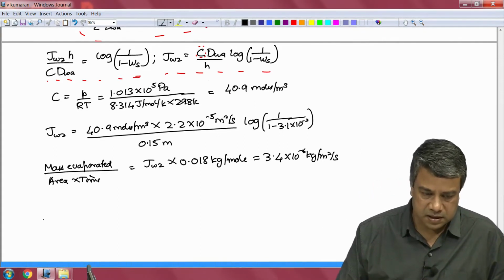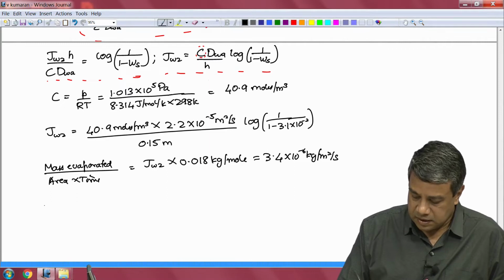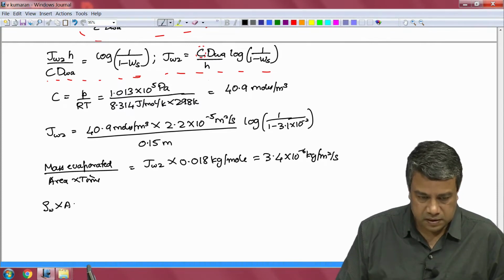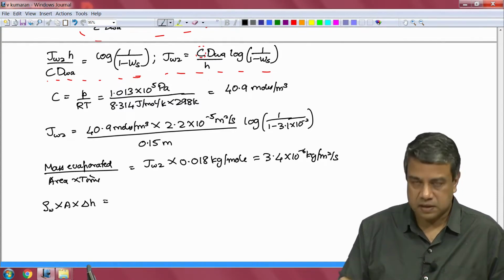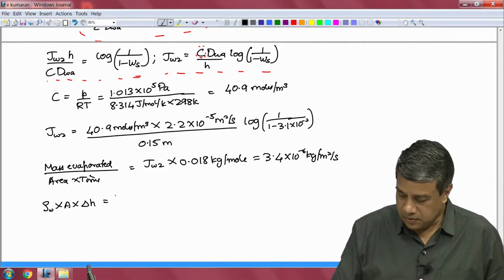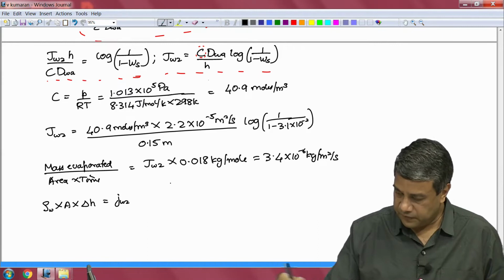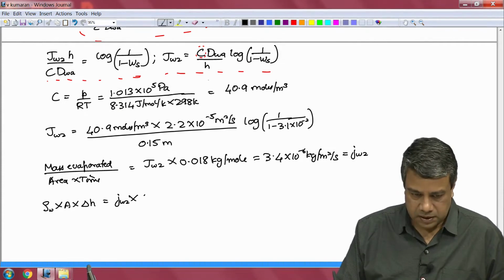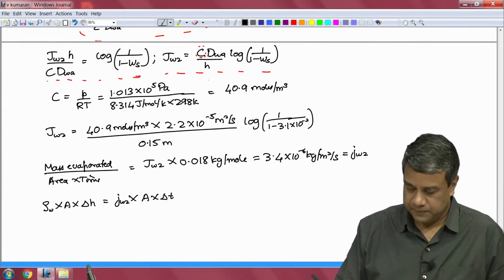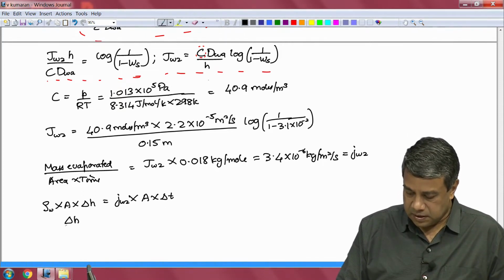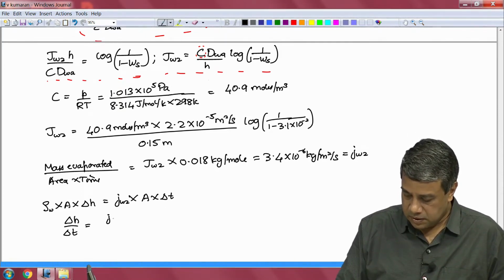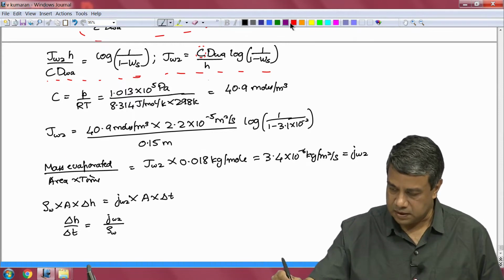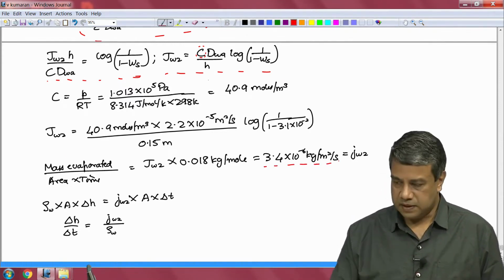The change in height can be calculated from the relation that the density of water, this is the water density, not the vapor density, into the area, into delta H, the change in height in a time delta t, has got to be equal to the mass flux JWZ into area into delta t, which means that delta H by delta t is equal to JWZ by rho W, the ratio of the mass flux and the density.